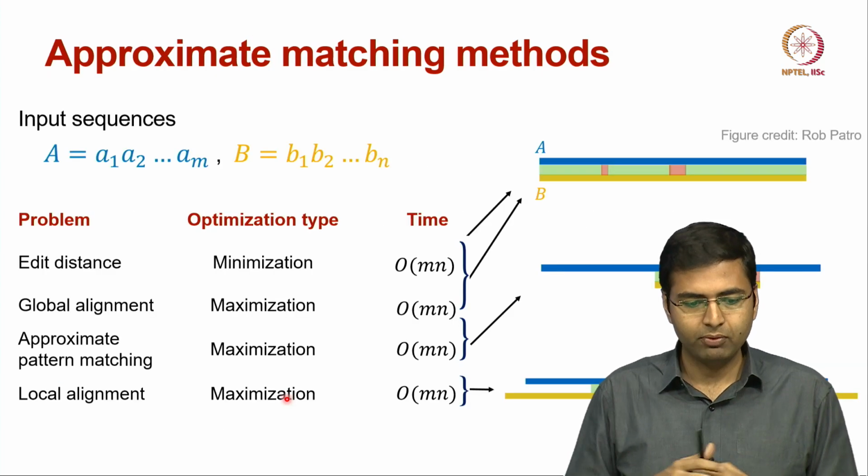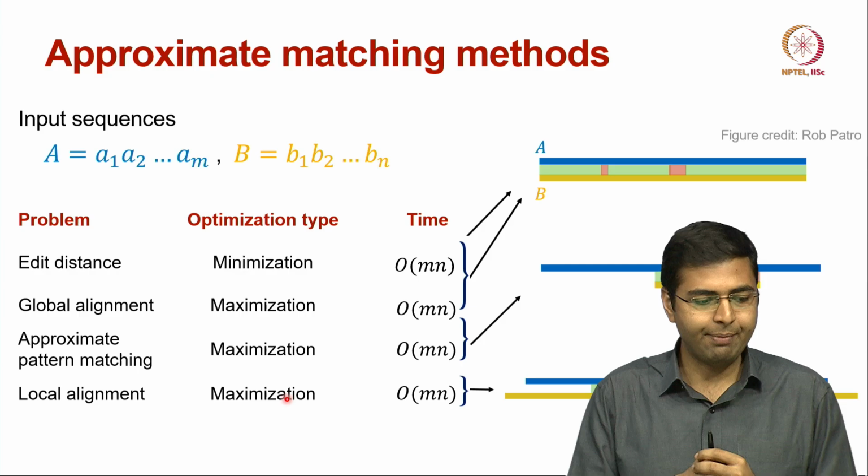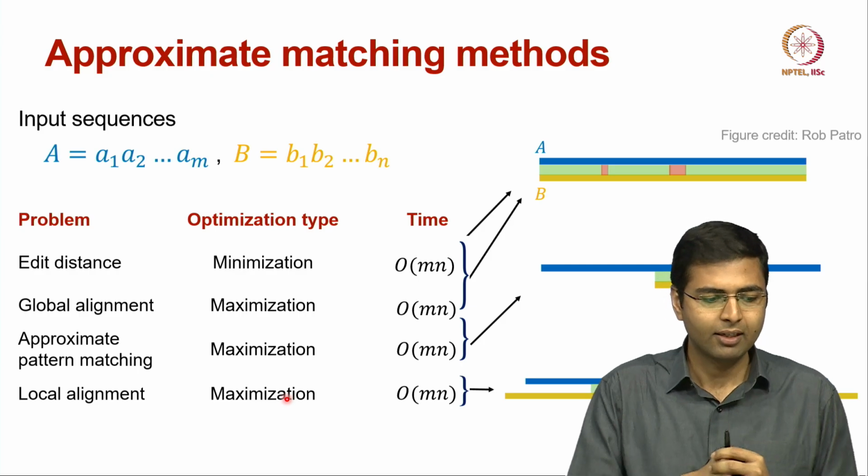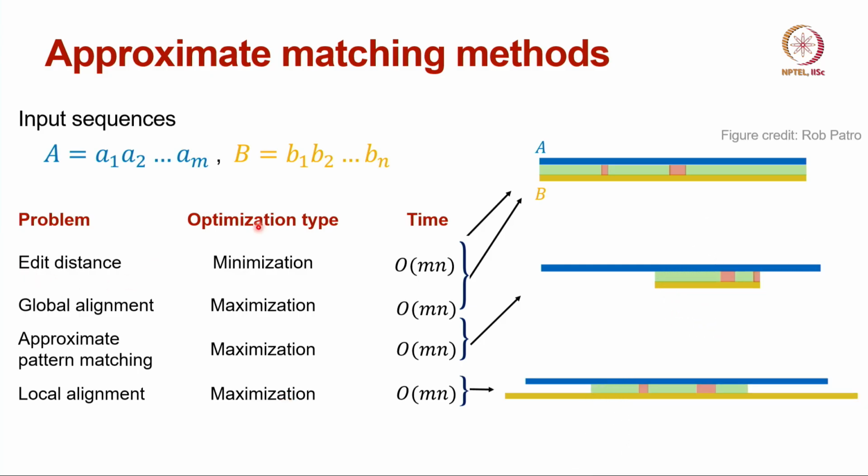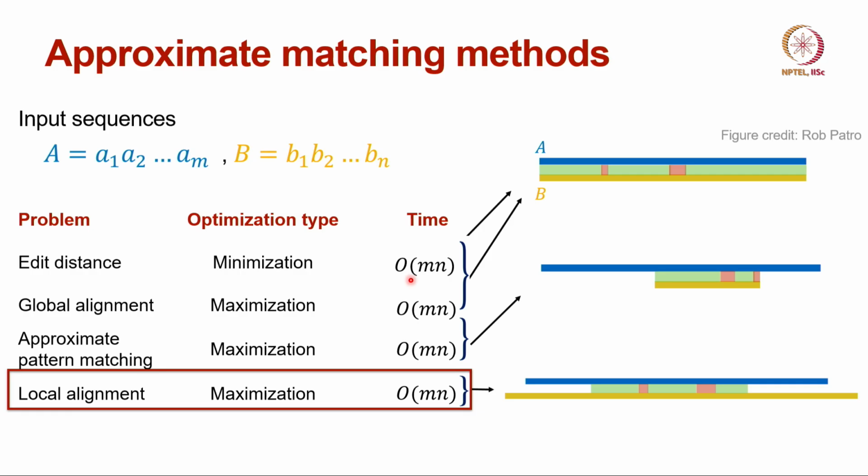Right. So, this is how I can visualize all the alignment problem formulations we have looked at so far. In the edit distance, the alignment optimization type is based on minimization. In the global alignment and thereafter we looked at optimization problems which involved maximization of the alignment score. In all cases so far we have managed to come up with an order mn algorithm using dynamic programming techniques, and for today's lecture as well we are going to see an order mn algorithm for solving the local alignment problem.